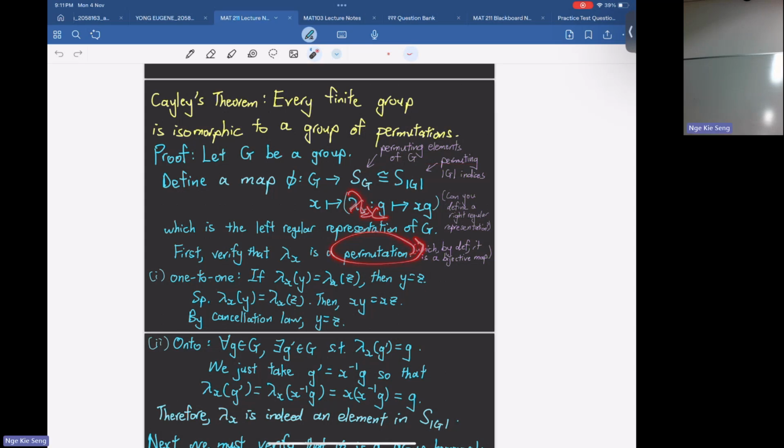So I need to show one-to-one and onto for this lambda x first. And then I show that phi is a homomorphism. And then I show that phi is injective. When it is injective, it is injected as a subgroup because we proved that the image of a group under a homomorphism is a subgroup. So that's all we proved.